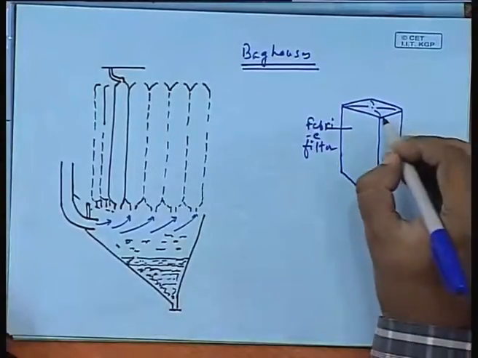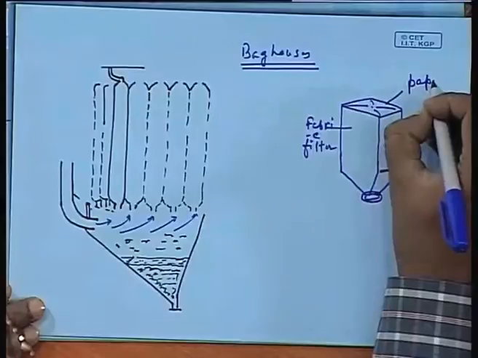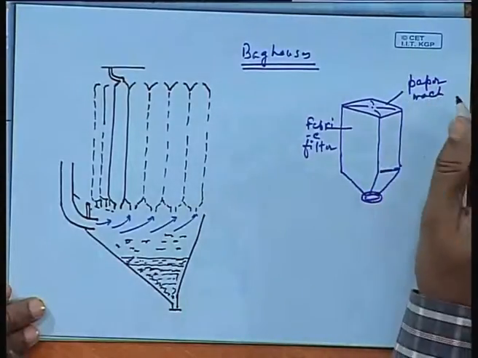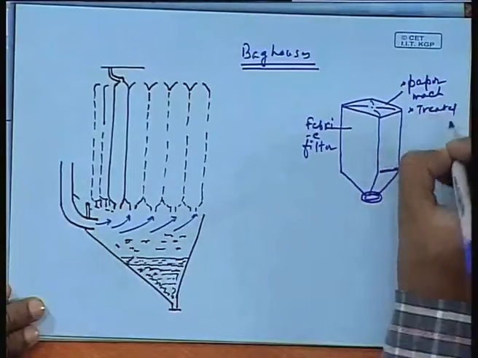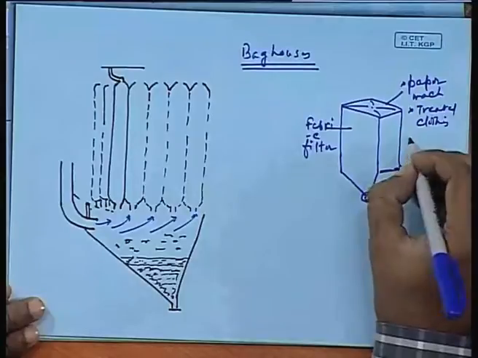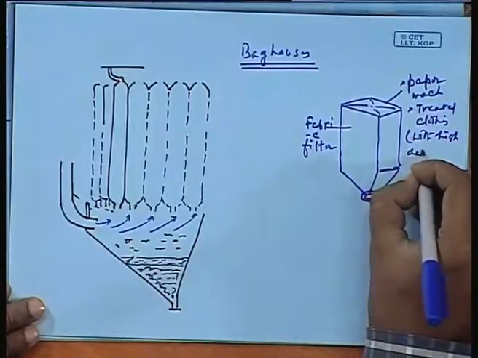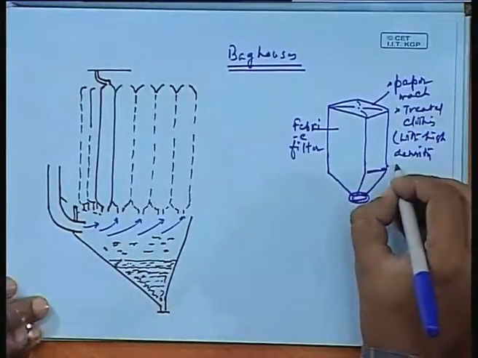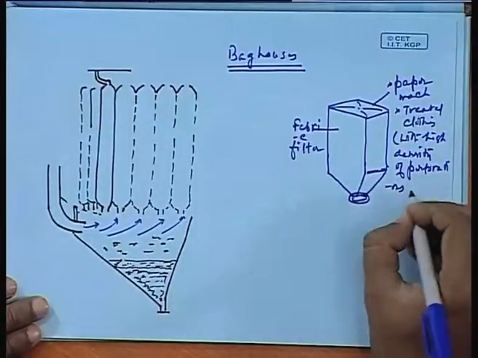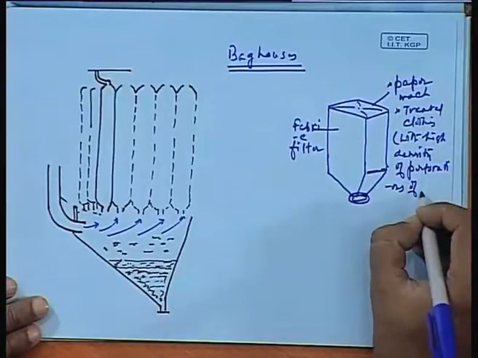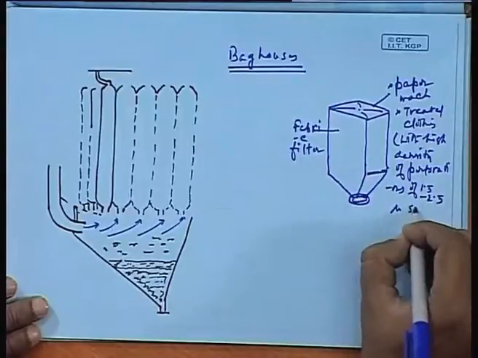It is basically made of paper mash, or treated cloth with a high density of perforations of 1 to 1.5 to 2.5 micron size.